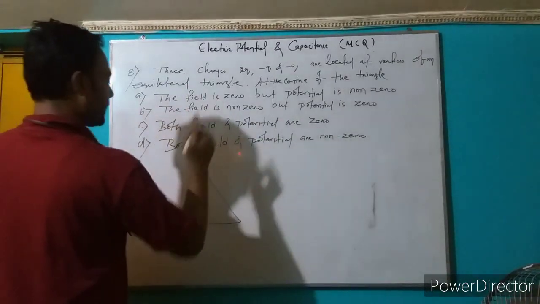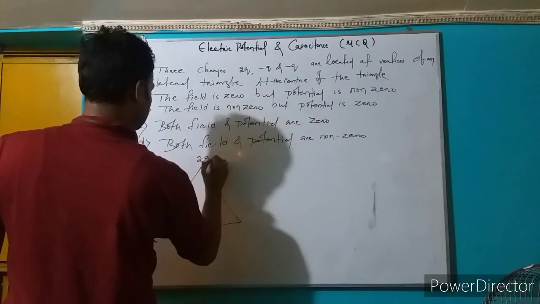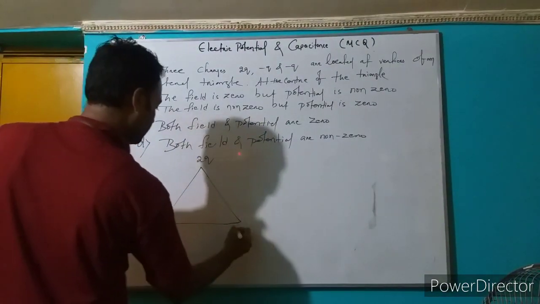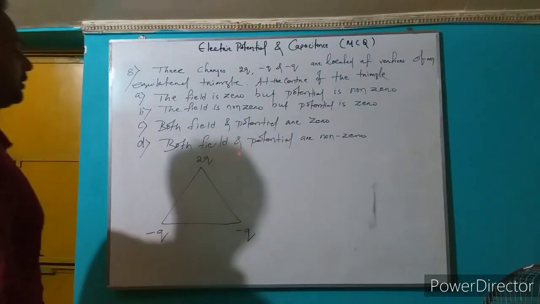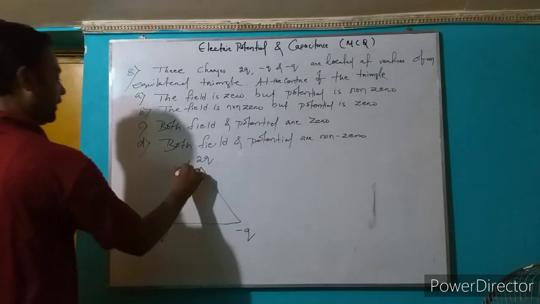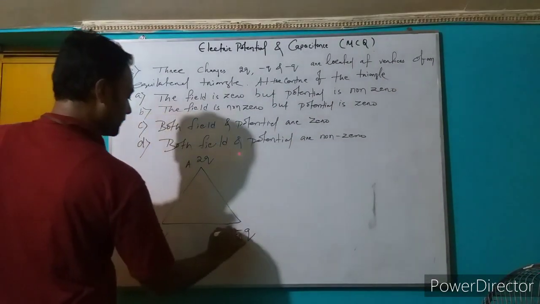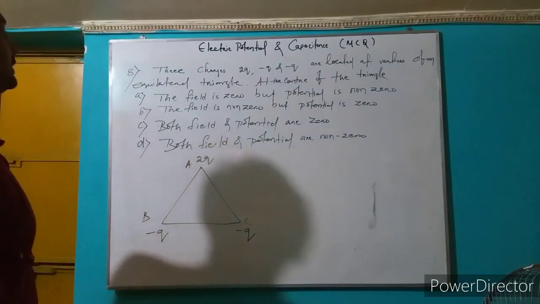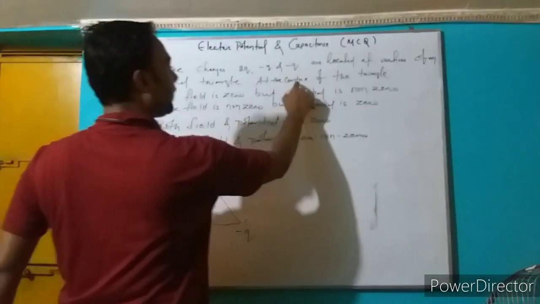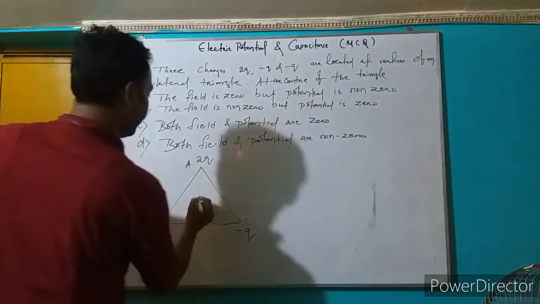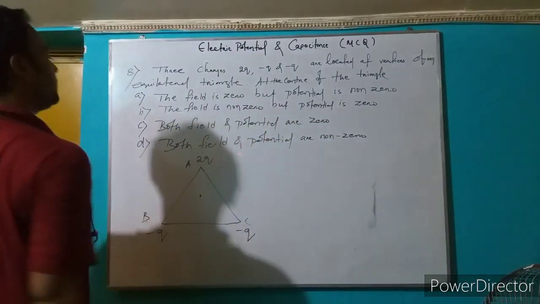Here three charges, 2q, minus q and minus q, are on the three vertices at points A, B and C. Okay, so at the center of the triangle, this is the center of the triangle.